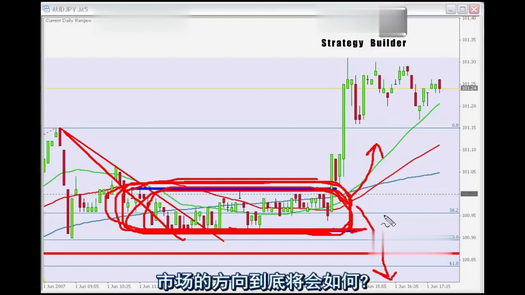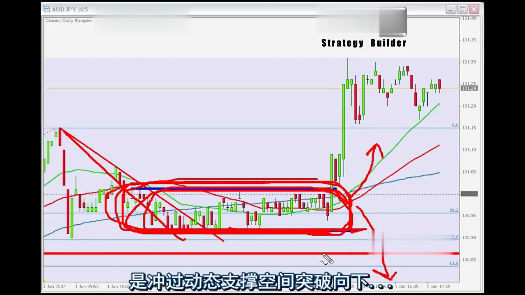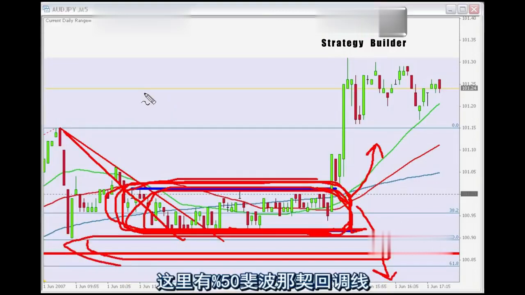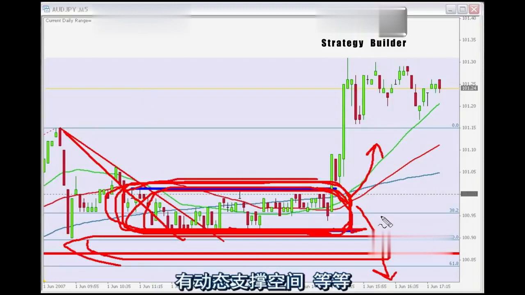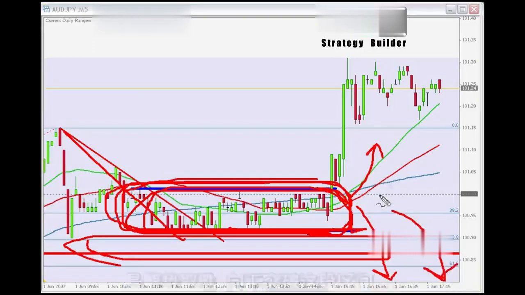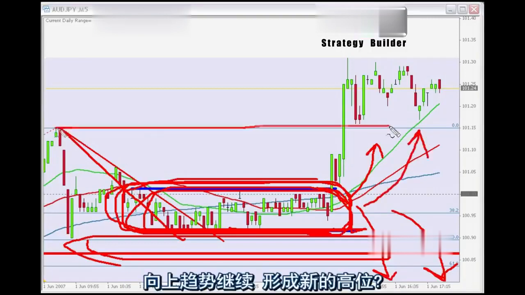What's the market going to do? Is it going to break below this area of support? As I was saying, the 50% Fibonacci, the previous swing top, the dynamic area of support, etc. Will the bears win the battle and we break that area? Or, on the other hand, will the bulls win the battle, and the uptrend continue making new highs?